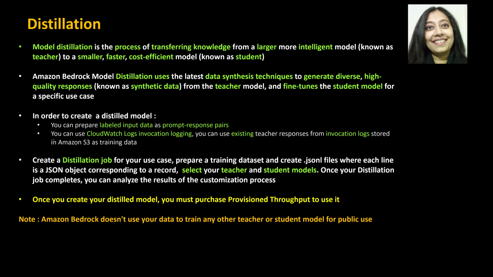The first one is distillation. Model distillation is the process of transferring knowledge from a larger, more intelligent model, also known as teacher, to a smaller, faster, cost-efficient model, also known as student.